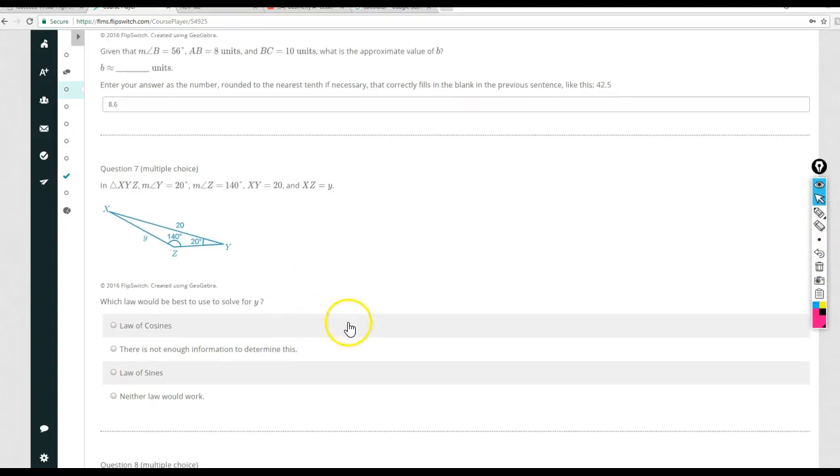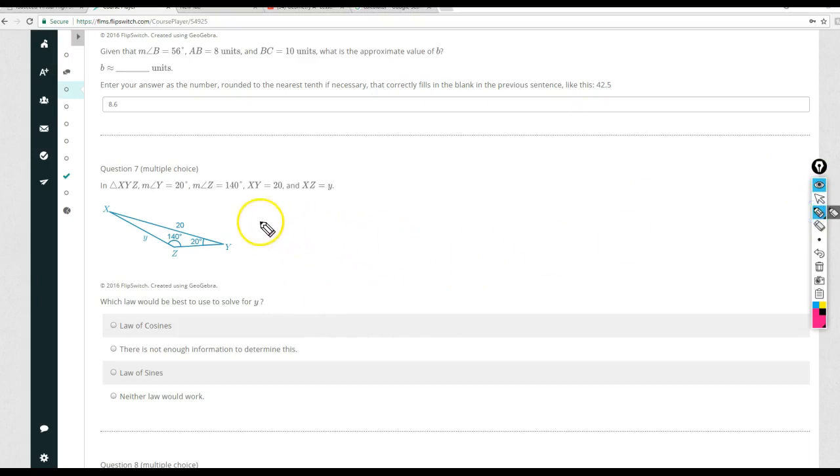Okay, so now this one is going to ask you which law would be best to use to solve for y. Now this is where you evaluate what is given and what you need to find. So I'm going to start with the law of cosines.